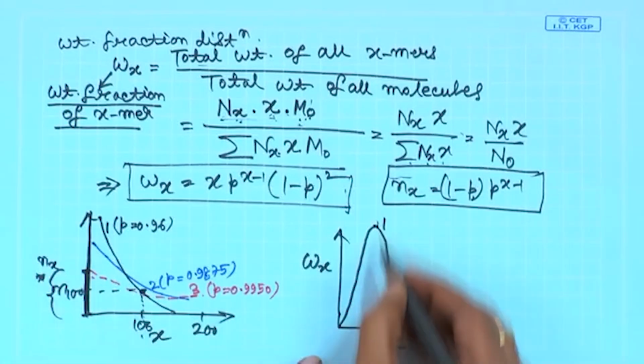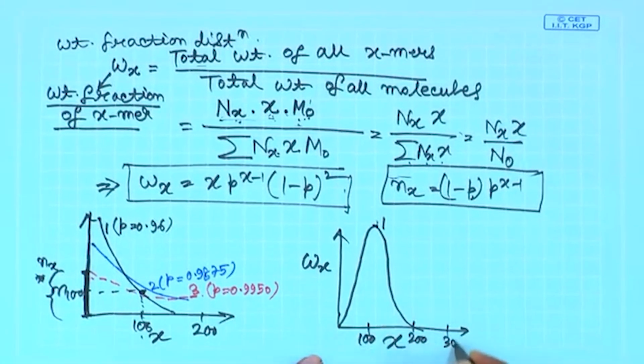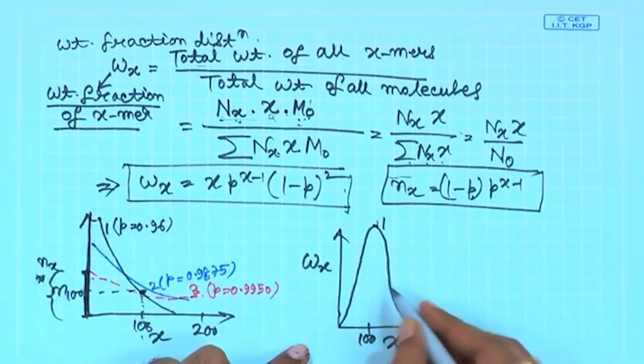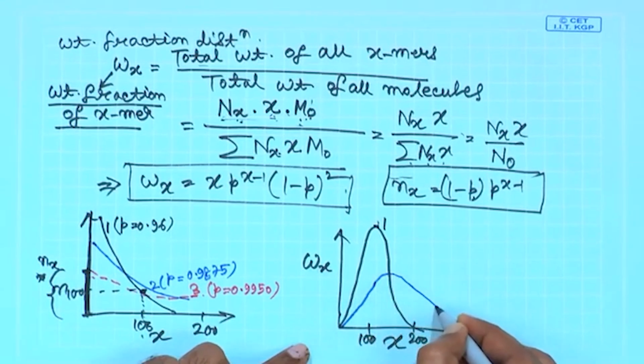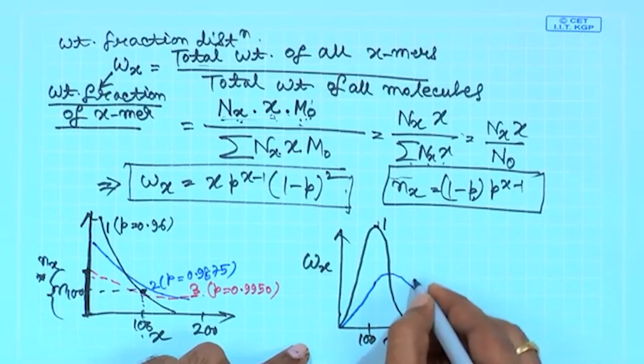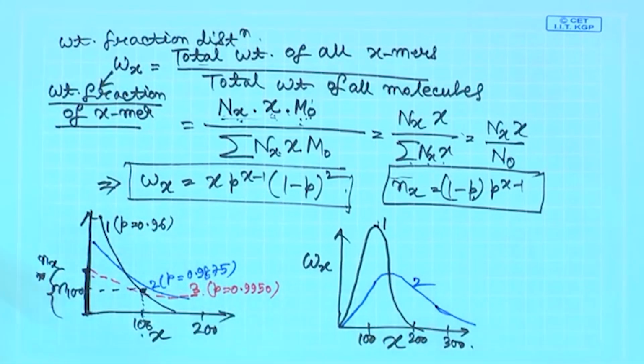Approximately, this will be like 100, this will be like 200, 300, so on and so forth, and this will be for curve 2. Like this, so curve 2 corresponds to this, and this will be for curve 3.